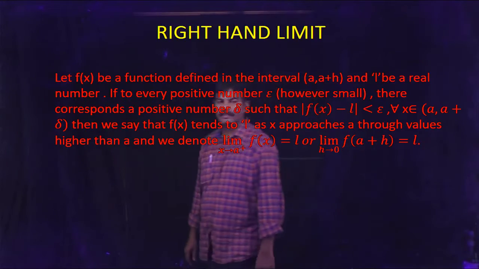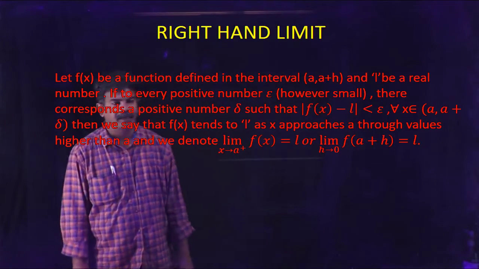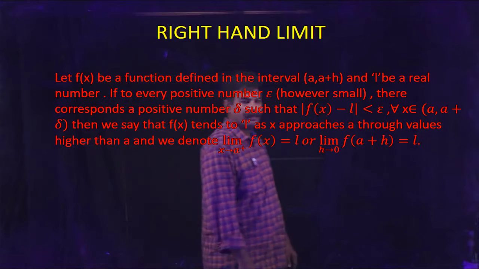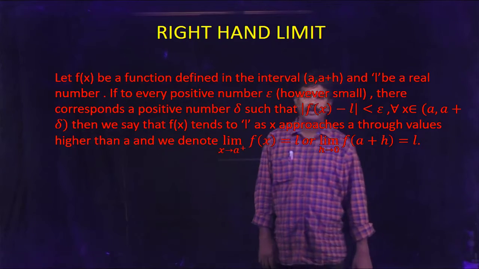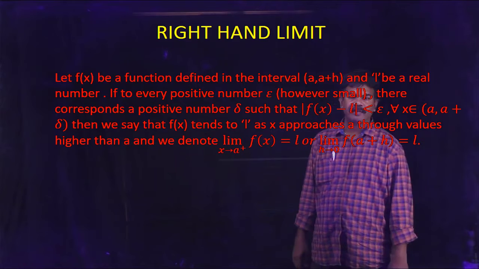So next one is the right hand limit. Let f of x be a function defined in the open interval (a, a plus h), and L be a real number.